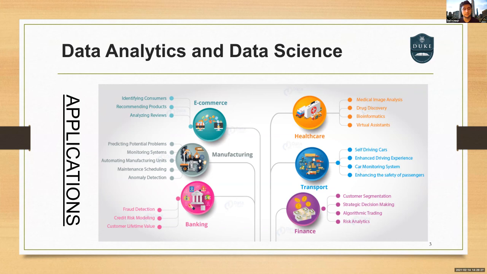I want to say these are very demanding skills that financial companies are targeting, people who are able to do customer segmentation, algorithmic trading. It's not only in technology and finance anymore. You can see in all the fields, manufacturing, transport, healthcare, e-commerce, they are all in need of data analytics skills.